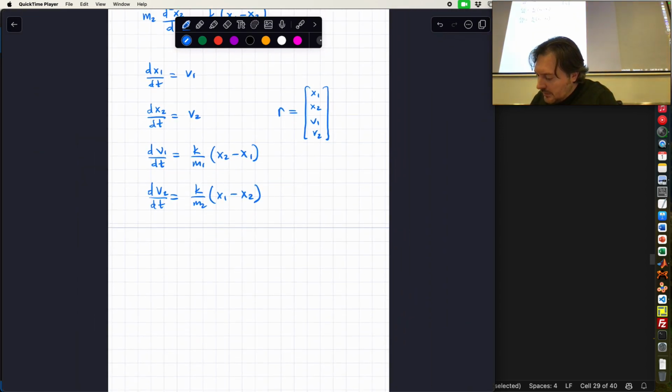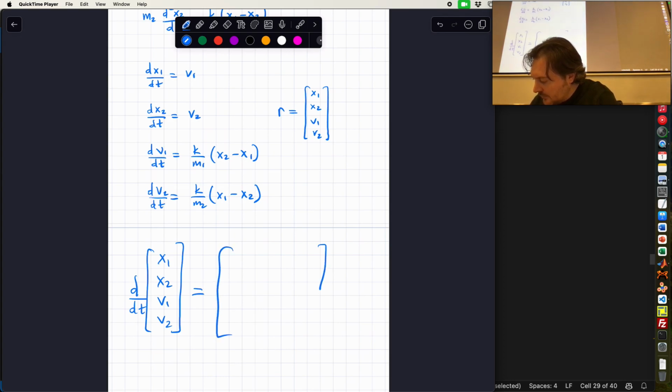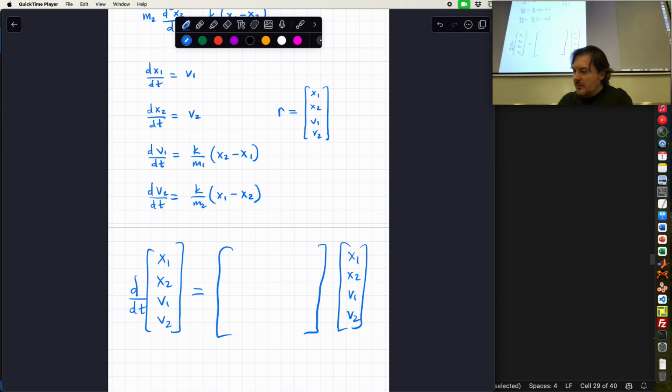On the left side, you have d of x1, x2, v1, v2 divided by dt. Then you have a matrix. Then you have the same vector over here, x1, x2, v1, v2. Who can tell me how to write the elements of the first row based on this equation?